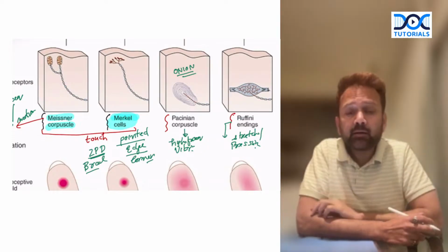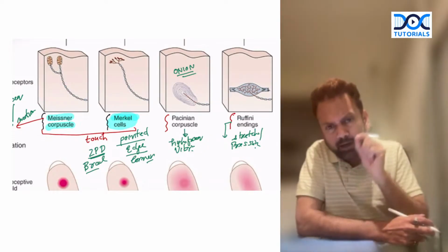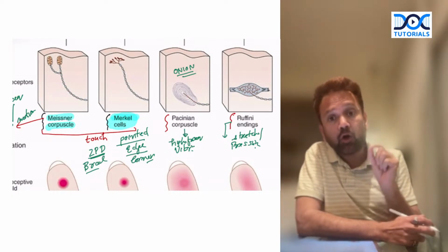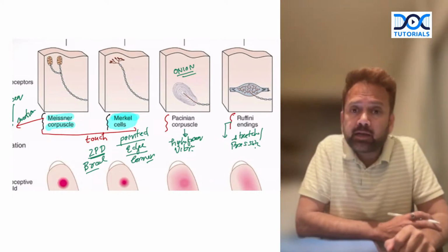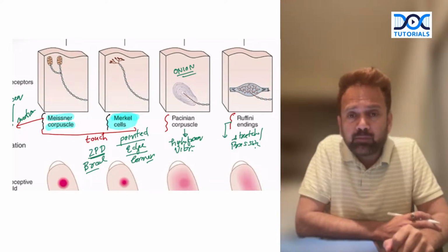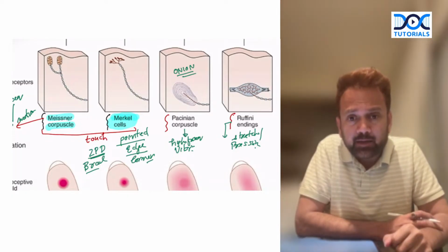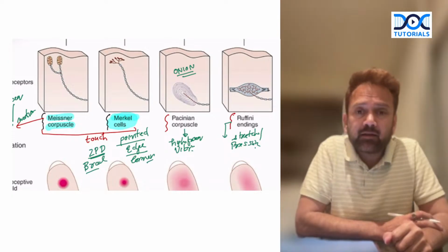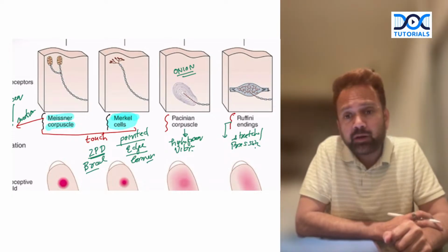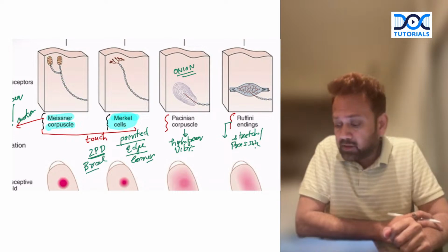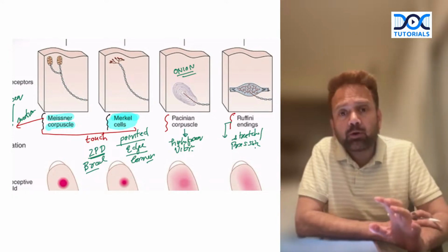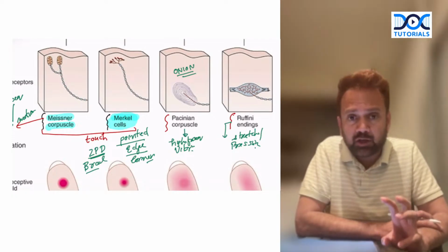Merkel is mainly for pointed objects, edges, corners, two-point discrimination, or the braille technique in the blind. Pacinian, with its onion shape, senses high frequency vibration. Ruffini is for stretch and constant pressure. So this is about the names of the receptors and their functions.